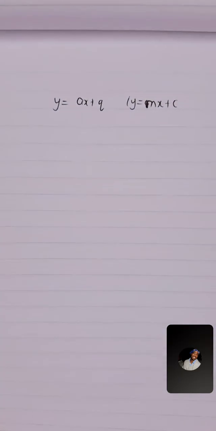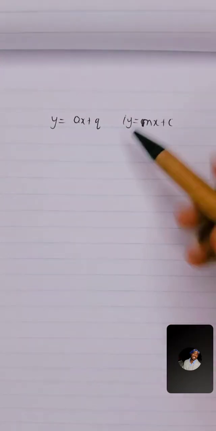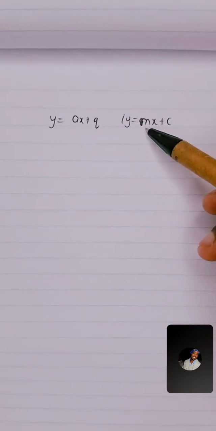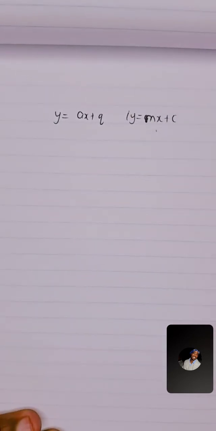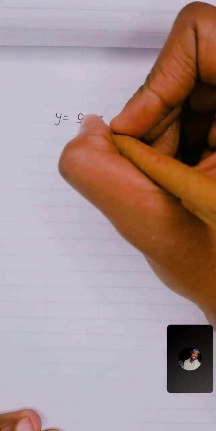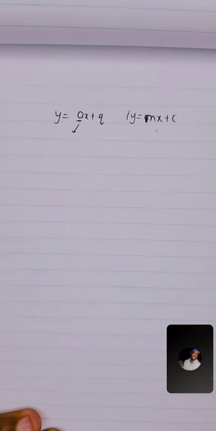Thank you. You're kind. So y is equal to ax plus q, all right? Or some of our other friends are familiar with y is equal to mx plus c. Just remind us, the a here speaks about what? What is this a?